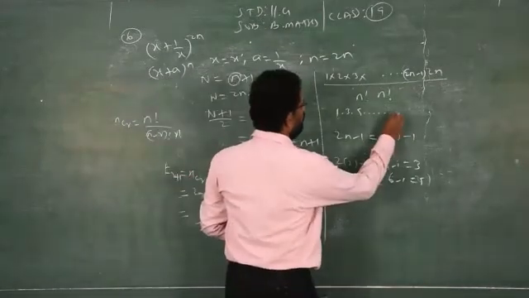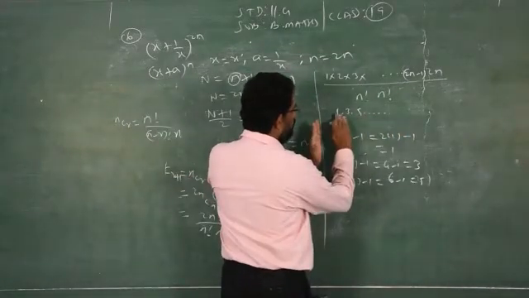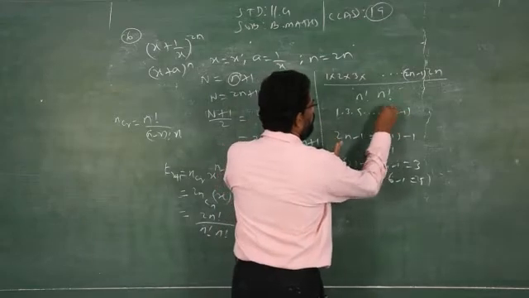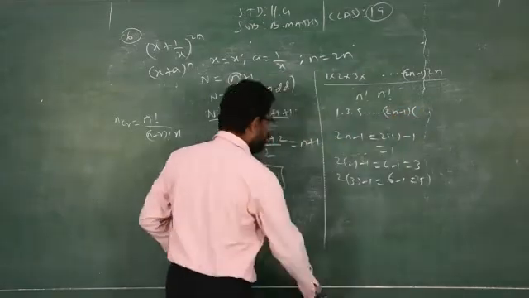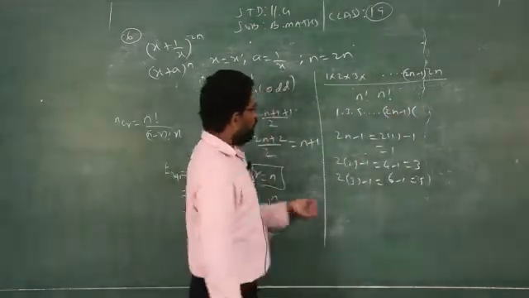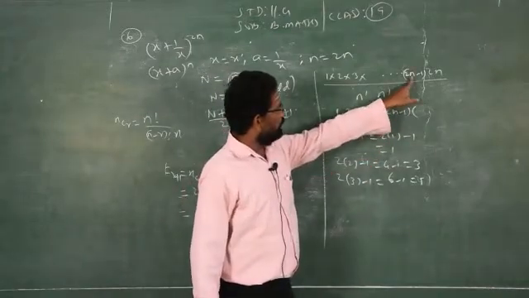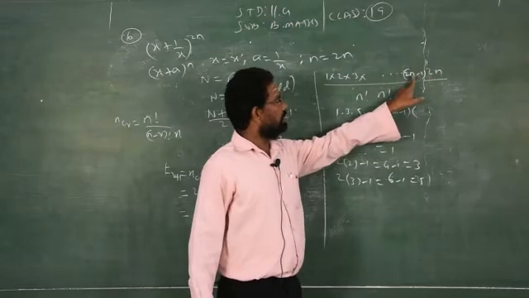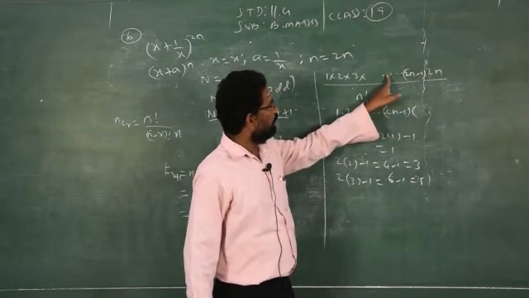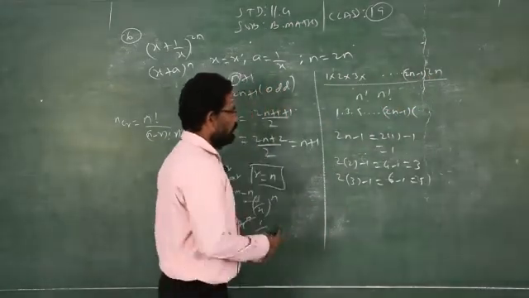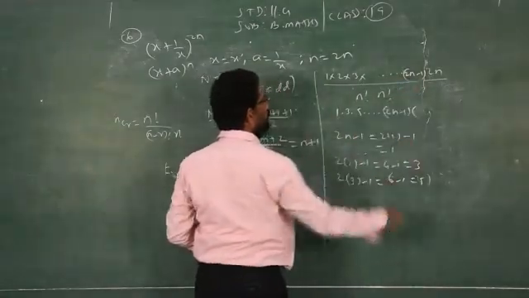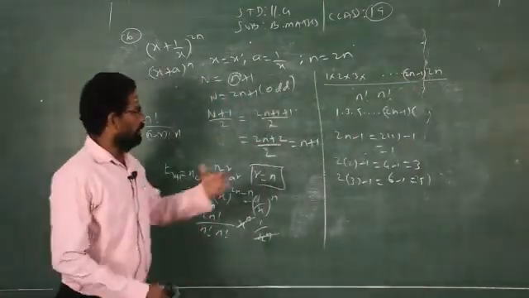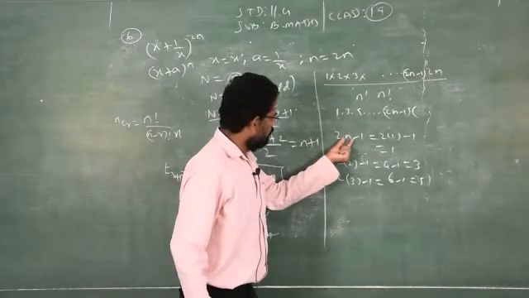So I am rewriting, just separating the odd numbers and the even numbers. Are you clear? So how do you separate it? This is the last number, 2n. What is the predecessor of 2n? 2n minus 1. What is the predecessor of 2n minus 1? 2n minus 2, and so on. To check whether 2n minus 1 is an odd number or even number, just replace n by 1, I got 1.